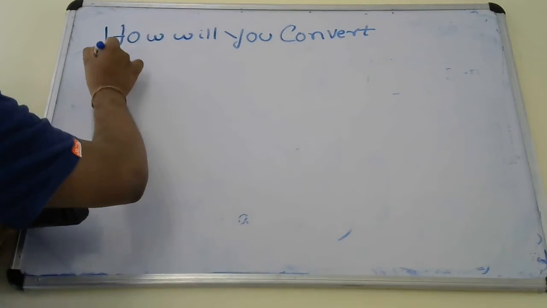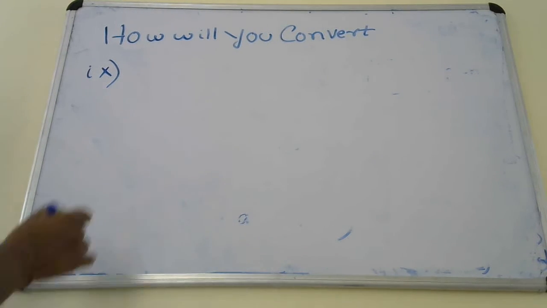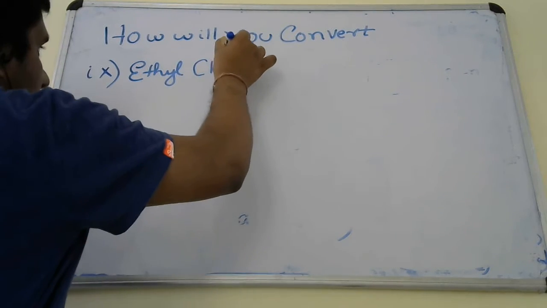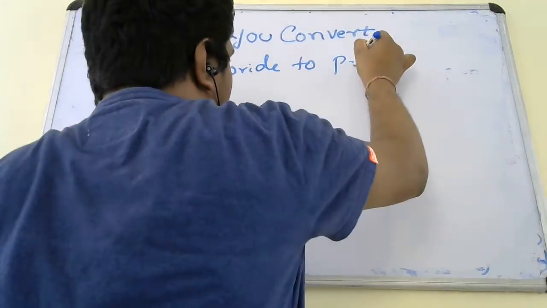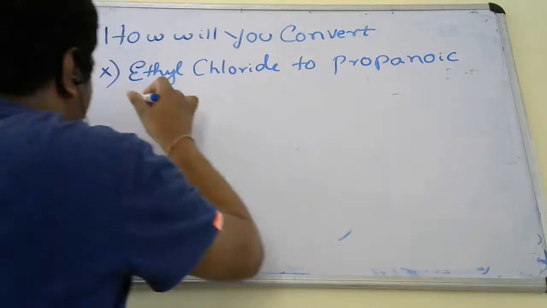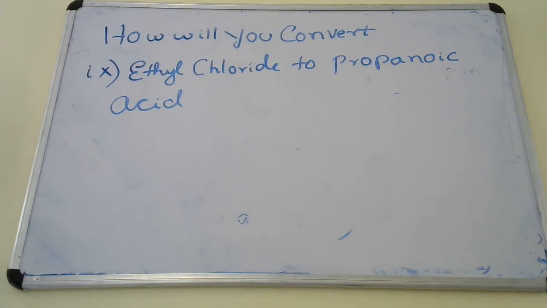Another interconversion is ethyl chloride to propanoic acid.